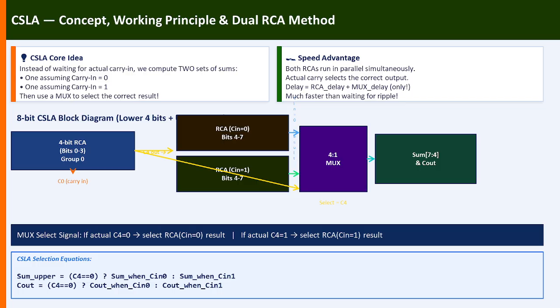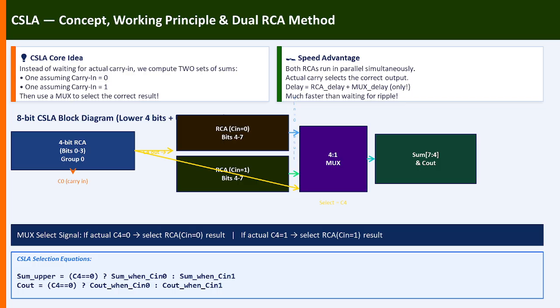Okay, before going to this CSLA concept, you already know RCA, the ripple carry adder, right? What was happening there? It performs the task on bit 0, and based on that bit 0 it generates a carry out, which goes to another adder that performs the task on A1 and B1 bits, and that carry out goes as carry in to another adder for A2 and B2 bits.